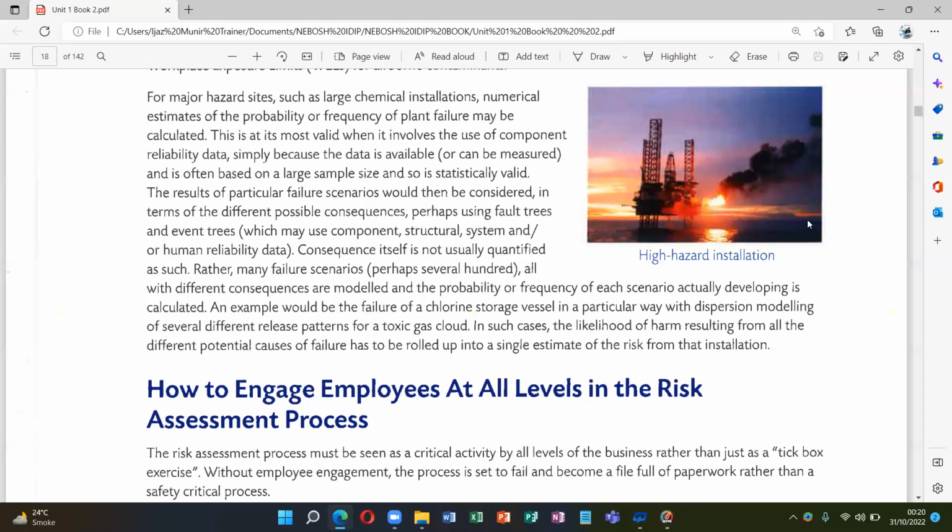An example would be the failure of a chlorine storage vessel in a particular way, with dispersion modeling of several different release patterns of a toxic gas cloud. In such cases, the likelihood of harm resulting from all the different potential causes of failure has to be rolled up into a single estimate of the risk from the installation.